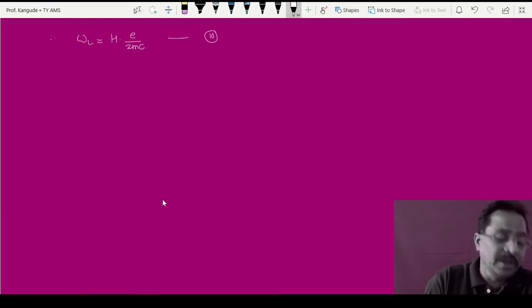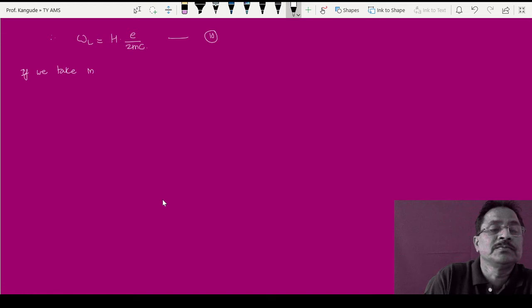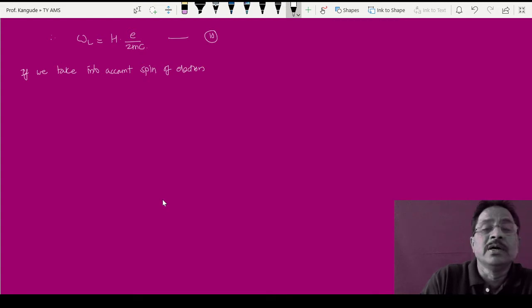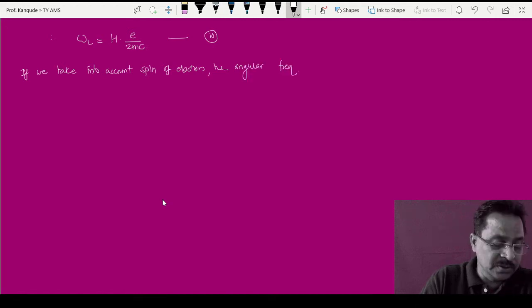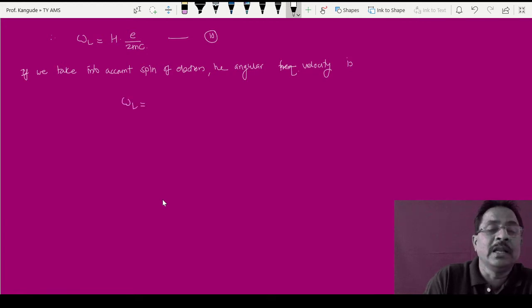Okay, now if we take into account the spin of electron, of course it's an intrinsic spin of electron, the angular velocity is, okay, it is given by omega L is equal to H multiplied by 2, okay, scalar relations I am writing, into E upon twice MC.